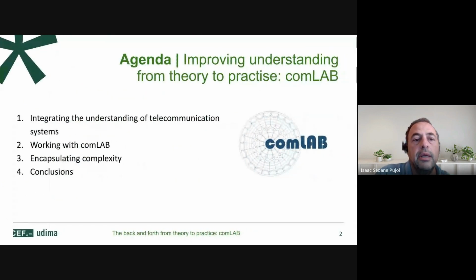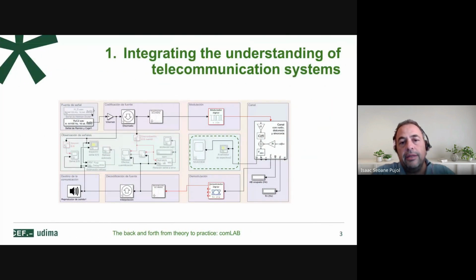The first part is we are working with this scheme, where you can see a complete chain of communication we use in the telecommunication area to check every part of the communication process.